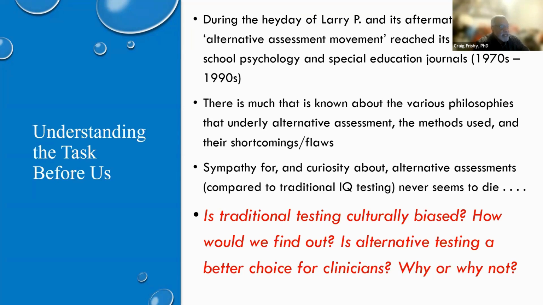In other words, we will always have the need for IQ testing, but there's a parallel movement of hostility towards IQ testing. And there always seems to be research or ideas that come out or movements that are started that will argue that we need to replace IQ tests with some kind of an alternative assessment paradigm.